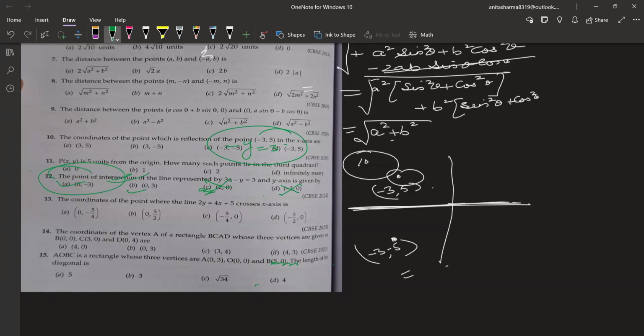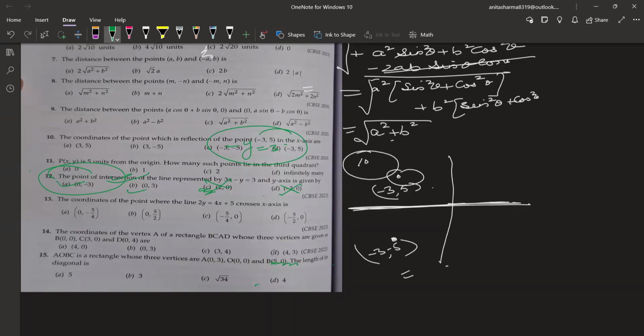Yes, ma'am. Now next is the coordinate of the point where the line 2y is equal to 4x plus 5 crosses the x-axis. Now see, beta, focus on this thing, x-axis. So it means it will not cross the y-axis, right? Yes, ma'am. So the y coordinate will be 0, na? Yes.